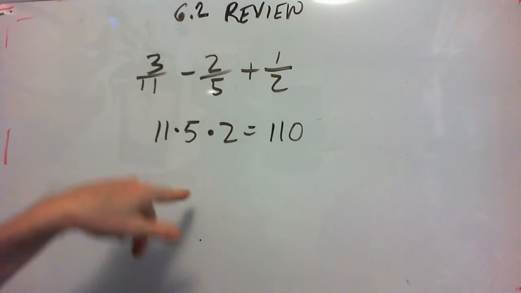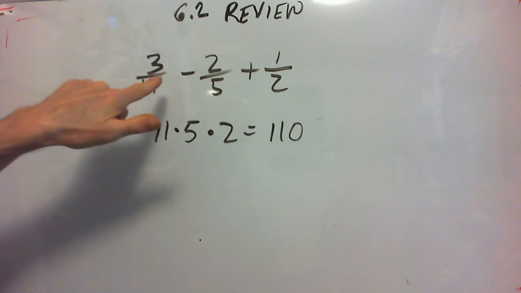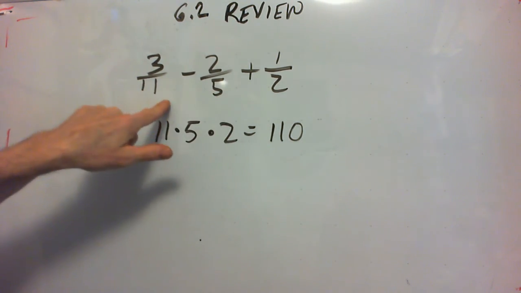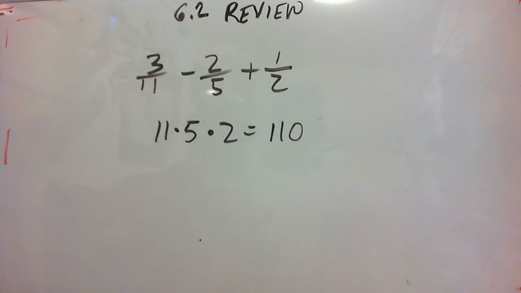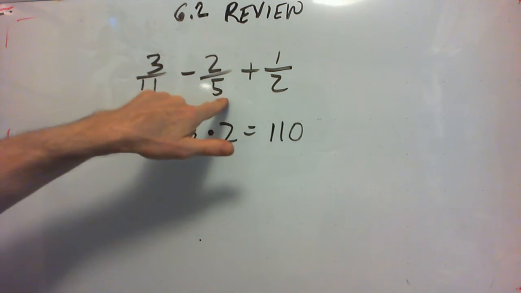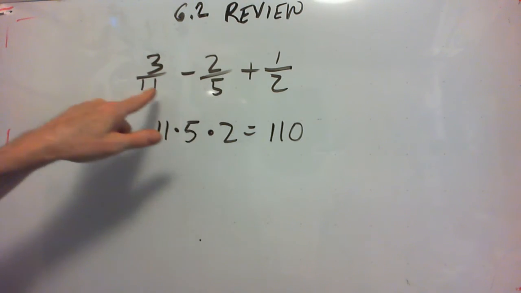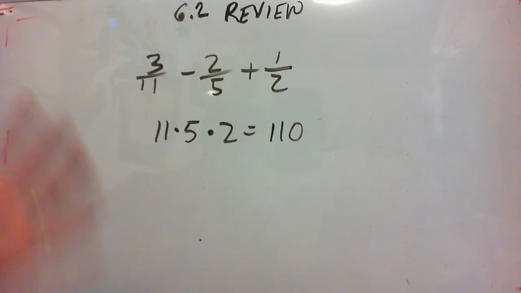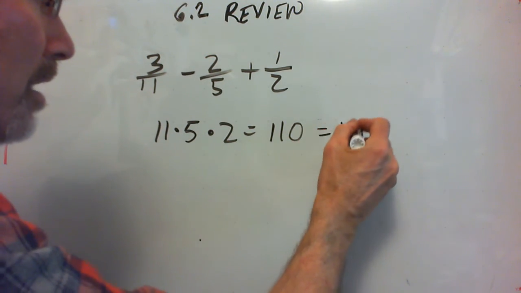However, and I've mentioned this in class, if the denominators do not share a common factor, that product is also the least common denominator. Is there any number that divides into any two of these? 11 and 5 are prime numbers, and 2 is as well. They're all prime numbers, so they don't have any common factors. That means that product is also the least common denominator, which is kind of nice.